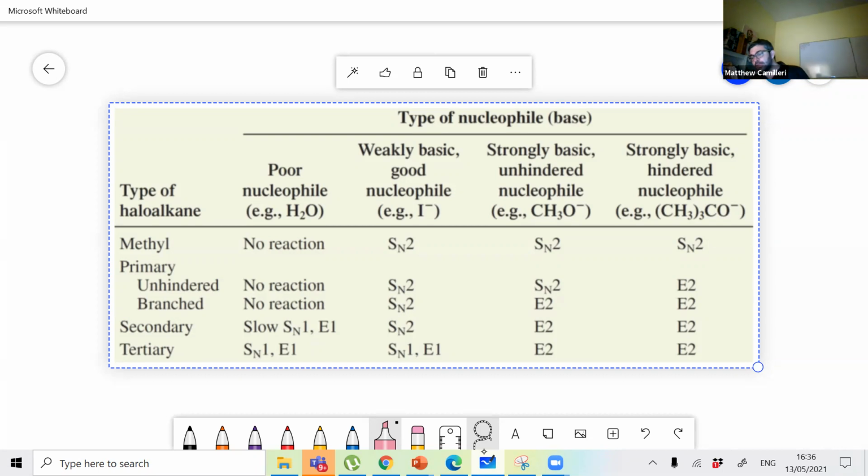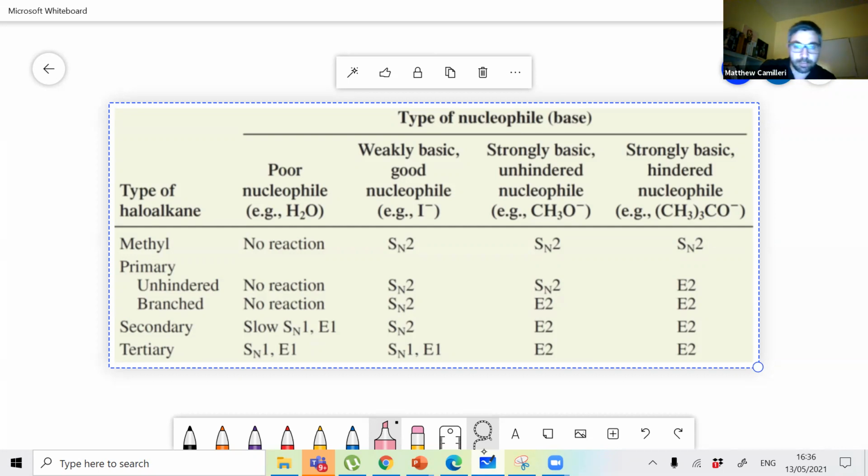At the end of the day, this table will save you a lot of time. I'm not going to tell you to study this table by heart, but it can get you through these questions.